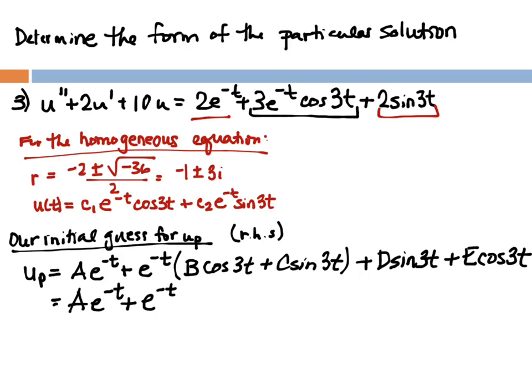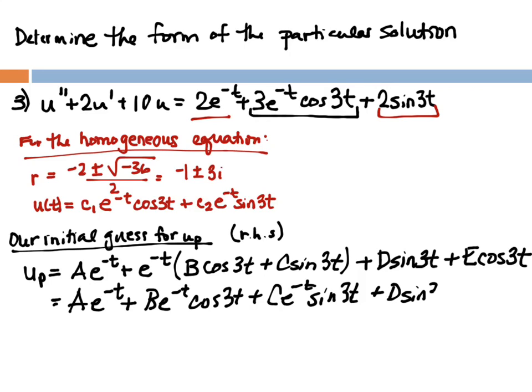That's what happens when you start talking and not writing. b e to the negative t cosine 3t plus c e to the negative t sine 3t plus d sine 3t and e cosine 3t. Parts of this look like what we already have in u of t. Somebody identify something that looks the same.